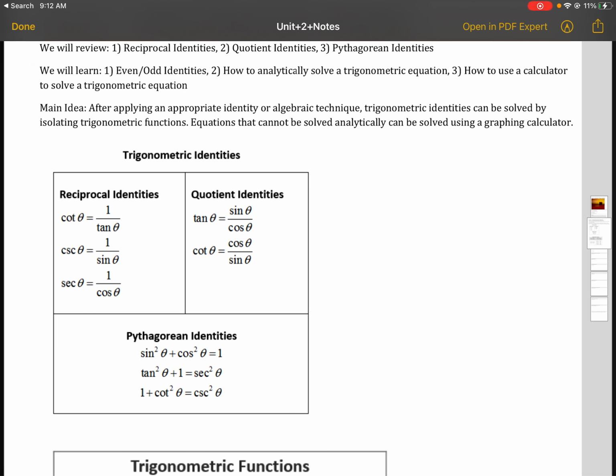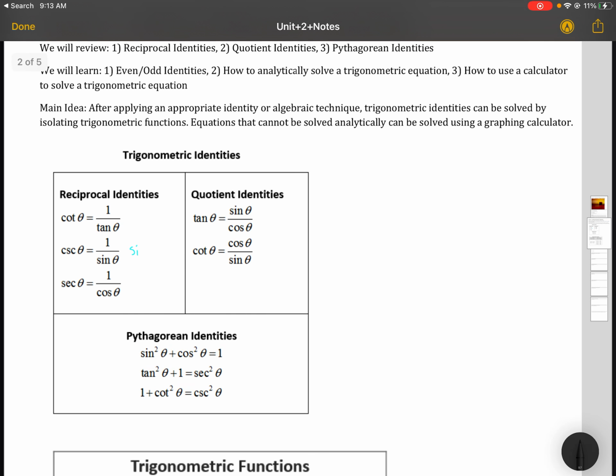All right, so a quick review of the trig identities. We're going to need these as we do subsequent lessons. We have the reciprocal identities where cotangent is 1 over tangent, cosecant is 1 over sine, and secant is 1 over cosine.